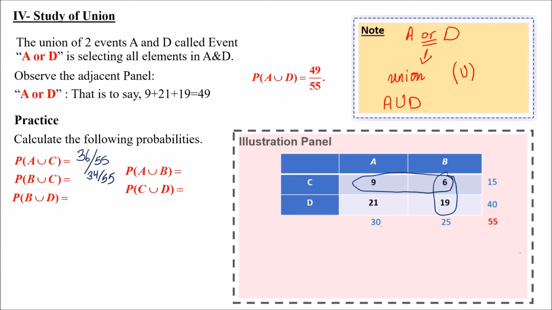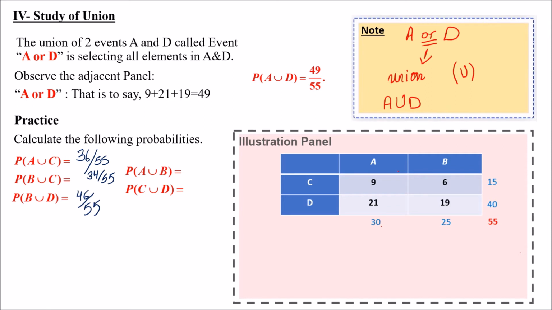Probability of B union D. This is B. We have 25 union D, so 25 and 21. We have 46. Therefore, the probability of B union D is equal to 46 over 55.